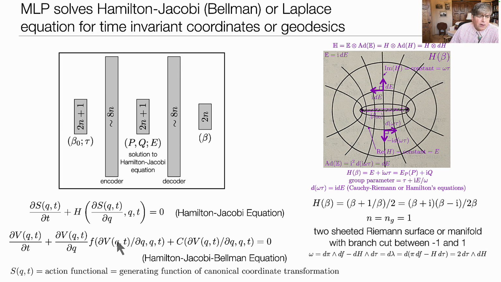You also can write this in the form that is familiar to people from control theory. You just put in a specific form of the Hamiltonian in terms of a kinetic and a potential term, and you find that the action is now called the value, and you end up with an equation of this form, which really is the Hamilton-Jacobi equation, just in a form that's a bit more convenient, right?